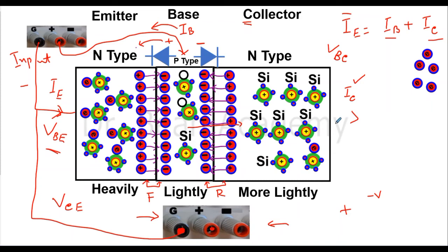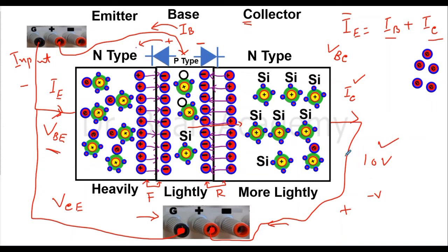And what should be the voltage across C and E? Of course I will connect it with the positive terminal. Initially we can keep this voltage at a fixed point, for example at 10 volts. So this one is at 10, that one is ground, and this is connected with the emitter. Emitter is at ground and the other is at plus 10 volts.